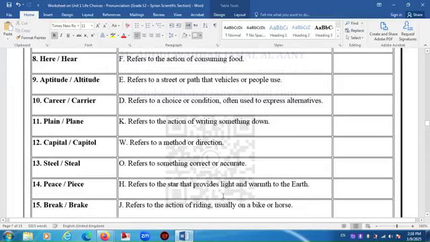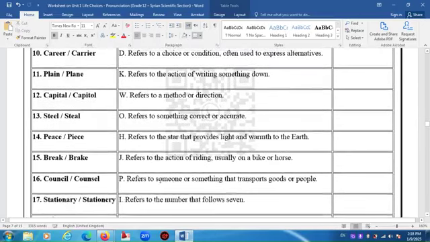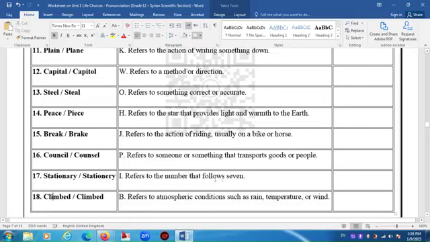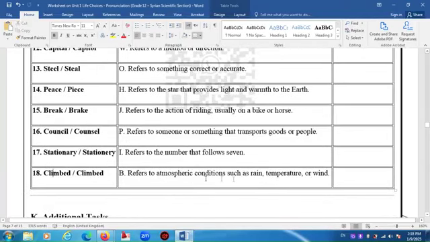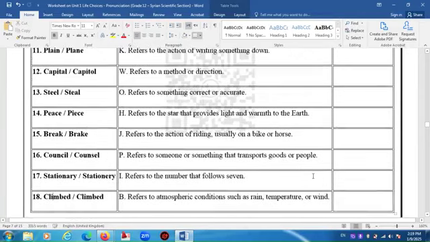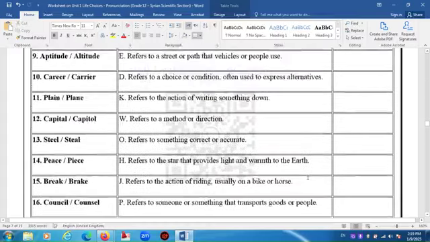Refers to the act of riding, usually a bike or a horse. Refers to someone or something that transports goods or people. Refers to the number that follows seven. Refers to the atmospheric conditions such as rain, temperature, or wind. Very nice. Okay?